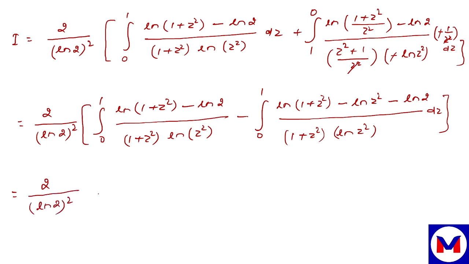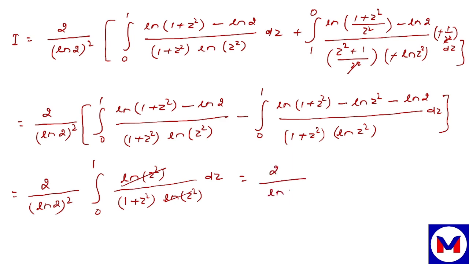We get integration 0 to 1, the denominator is the same, ln (1 plus z square) becomes cancelled, as well as ln 2 becomes cancelled, and minus minus becomes plus, and this becomes ln z square upon (1 plus z square) ln z square dz, and this becomes cancelled, and this is our tan inverse z, that is 2 upon (ln 2) whole square, and this gives tan inverse z from 0 to 1.